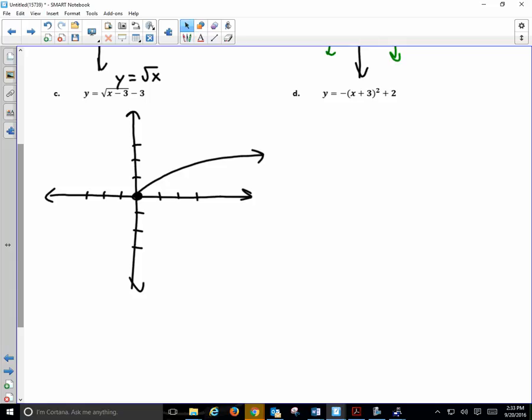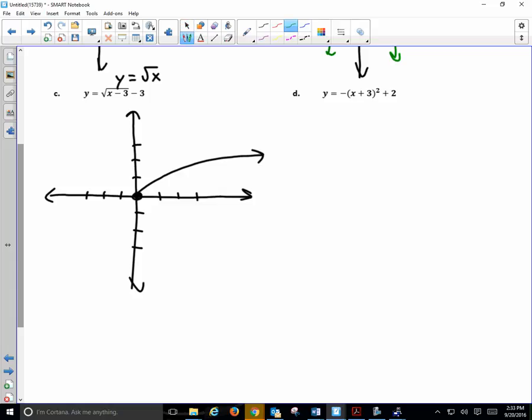The first minus 3, is that on the inside or the outside? Inside. So will that shift it horizontally or vertically? Inside is horizontal. So is it going to shift it 3 to the right or 3 to the left? Remember which? 3 to the right. It's opposite of what you think. Okay?